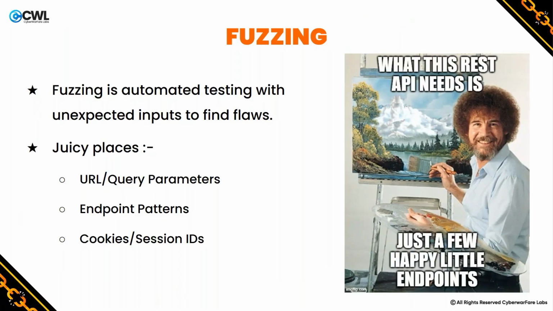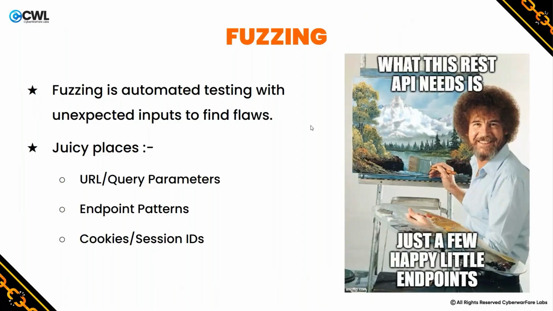Let's say there is one API and it has certain patterns. We can use some regular expressions to give it specific input. Then some of the most underrated stuff would be the cookies and session IDs. While fuzzing these, we'll sometimes discover broken escalation scenarios, and we can literally abuse that to gain very good access.